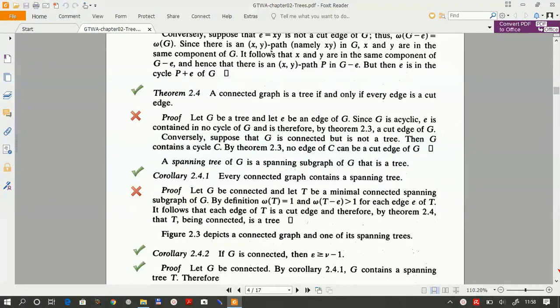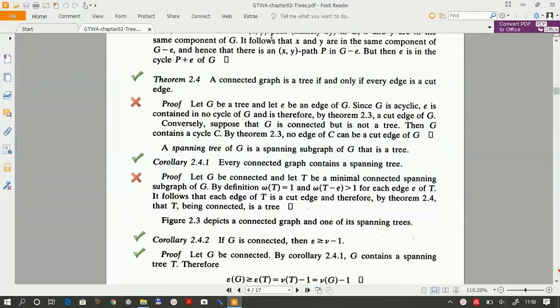Because being connected, you can apply corollary 2.4.1, and so there is inside a spanning tree, which is made of edges which are also edges of G. And so, since G in general has more than the edges of one of its spanning trees, then the number of edges is greater than or equal to the number of edges of the spanning tree, which is nu minus 1.